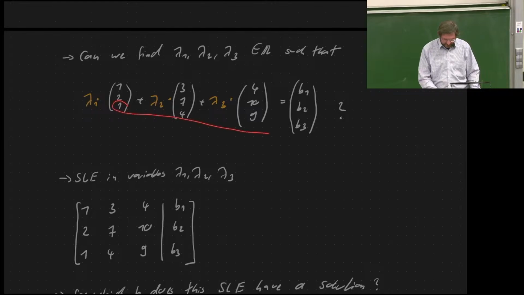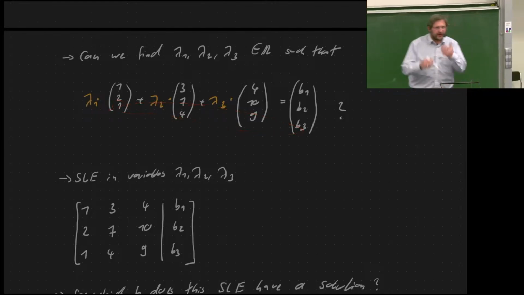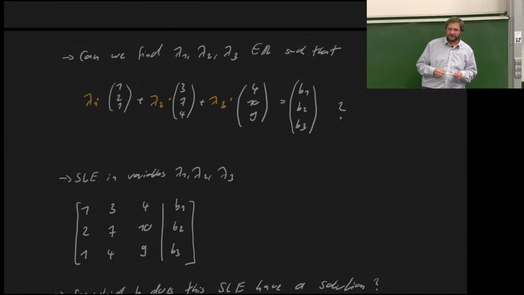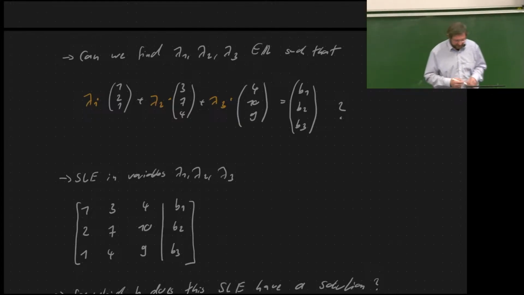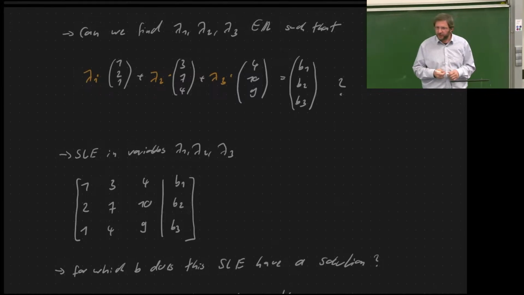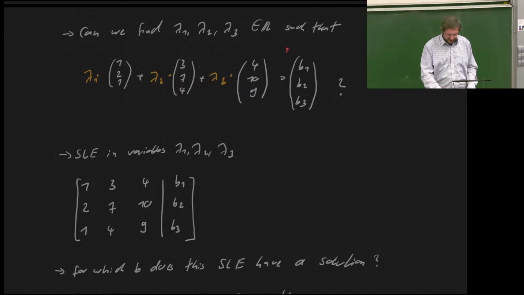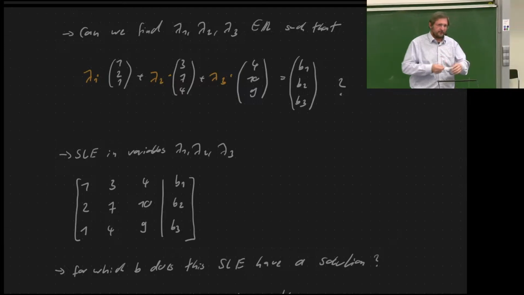So what we have here is three equations, and the variables are now the lambdas. Of course, we can try to solve that. If there is a solution, there are the lambdas, which means the right-hand side, this b, is contained in the span. If there's no solution, then it's not contained in the span.